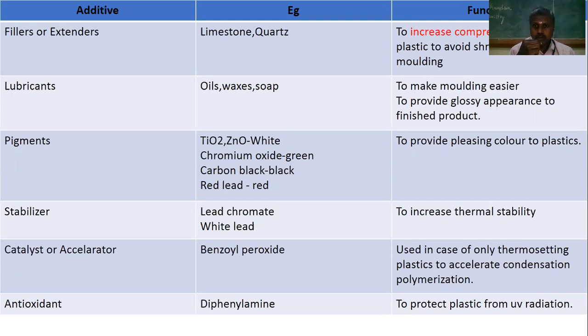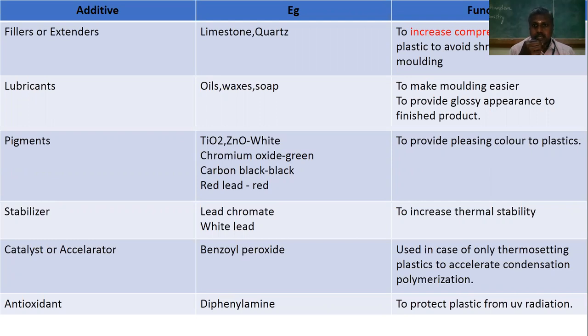It is used to remove the molded product from the mold cavity. The lubricant reduces the friction between the molded product and the mold cavity, so it can be easily removed by using this additive.